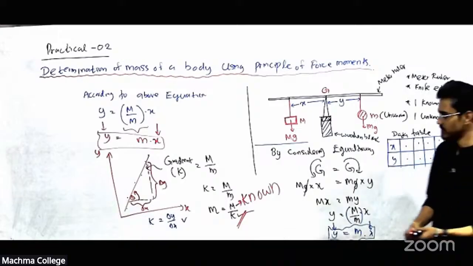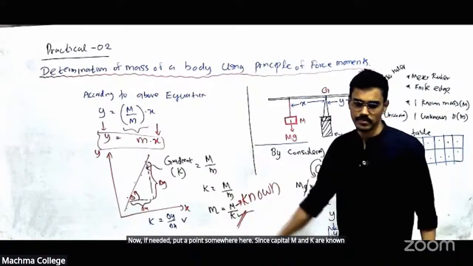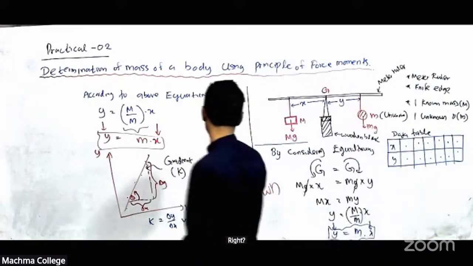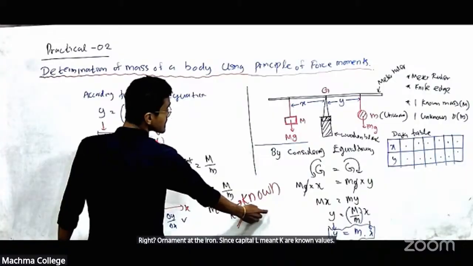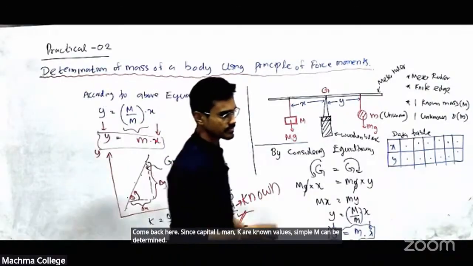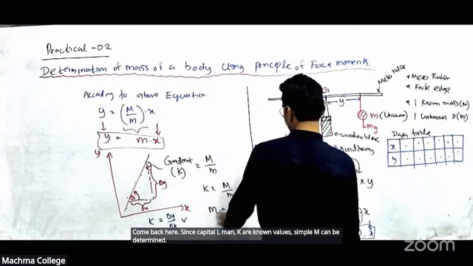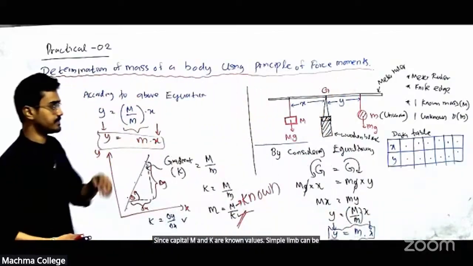Now if needed, put a point somewhere here. Since capital M and K are known values, simple m can be determined.